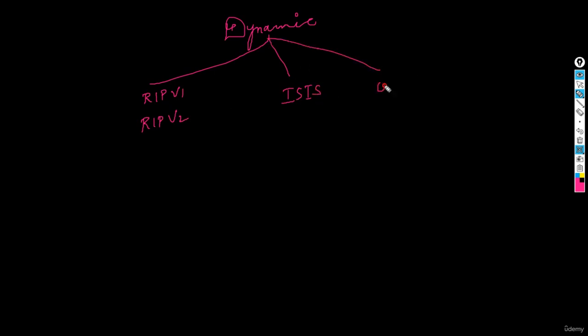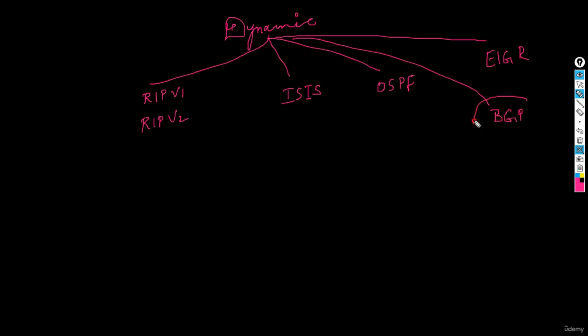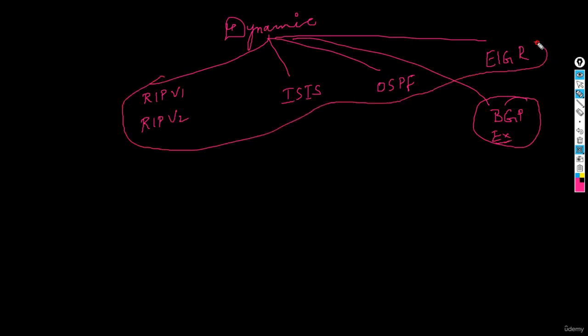We have OSPF, EIGRP, and we have BGP. BGP is used for external purposes, we call it an exterior gateway protocol, and all these others are interior gateway protocols. Means we are going to use all these protocols inside the organization.